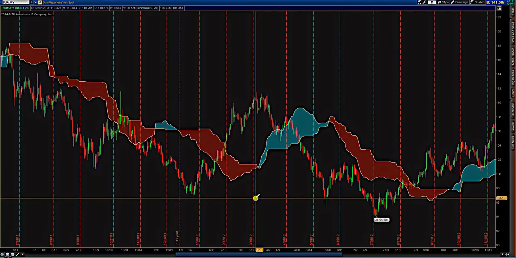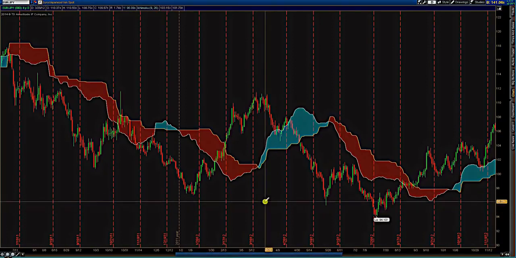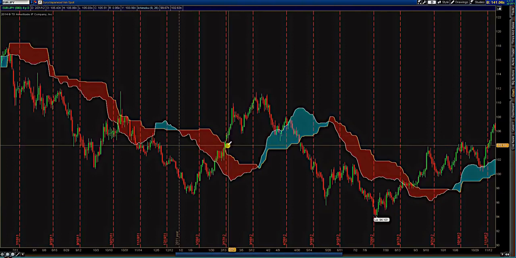The main purpose of the Ichimoku is to give bullish and bearish sentiment, trend strength, support and resistance levels, and entry and exit signals. So when you see the Ichimoku here, what you look for is to dictate market sentiment.